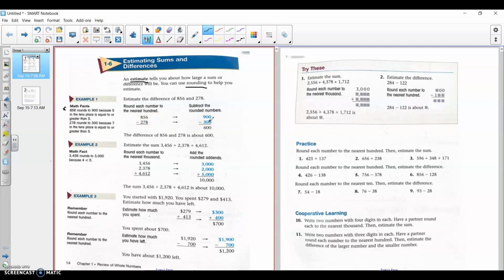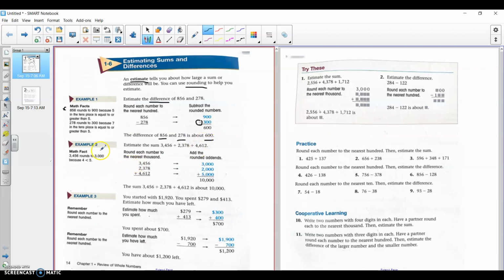What they really are asking you to do is come up with a rounding estimate to make your life really simple. Then difference means to subtract, and that's what they've done right here. You take your two estimates, 900 minus 300, and you get 600. So the difference between 856 and 278 is about 600 when you round.